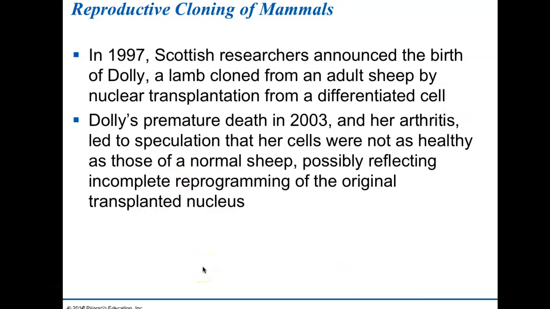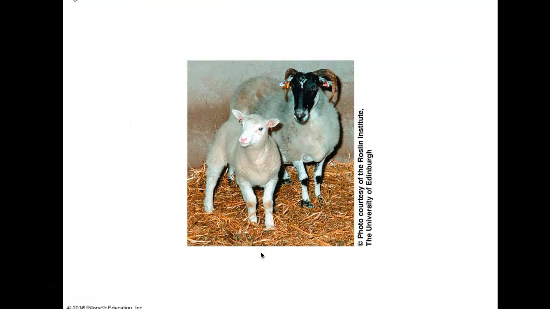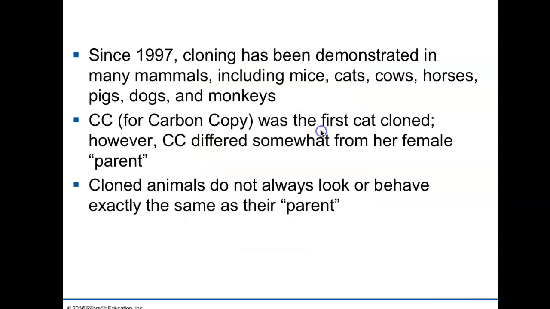Part of the reason why human cloning is not legal is that it's unethical, since the other mammals that have been cloned have had so many problems. And there's a picture of Dolly and the donor. So she's the clone of the donor. And I'm going to talk a little bit about how they don't look identical.